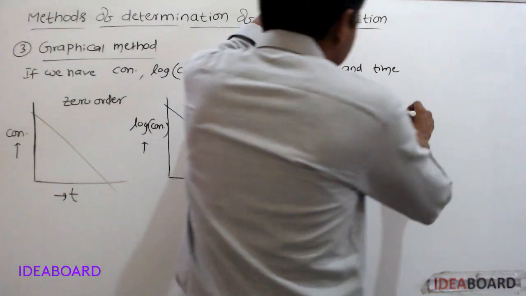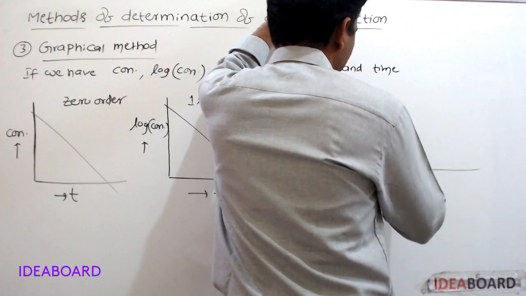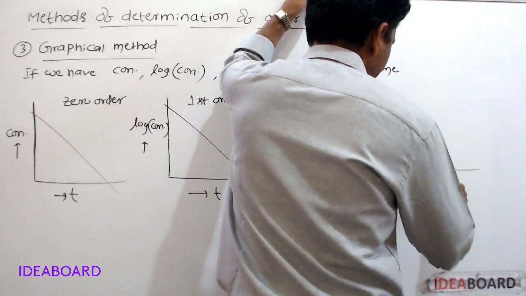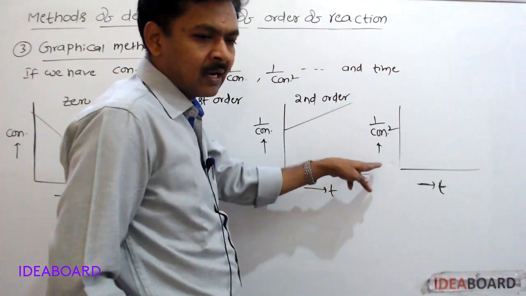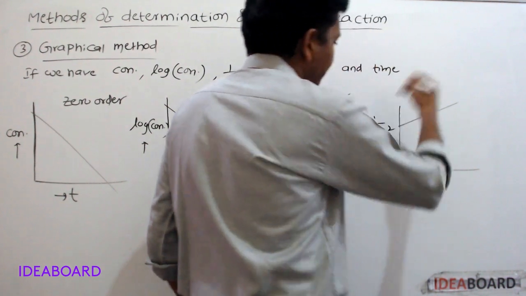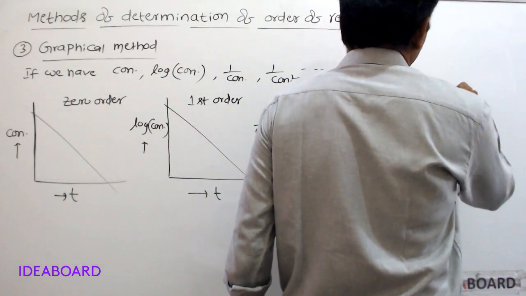If a graph is plotted between 1 by concentration square and time, if we get a straight line with positive slope, it indicates a third order reaction.